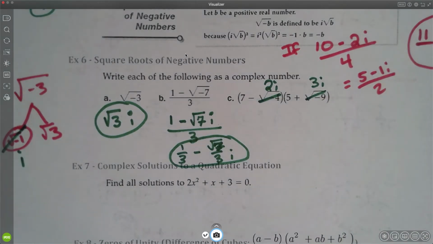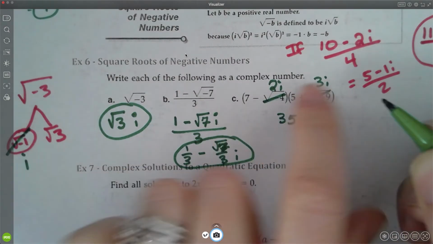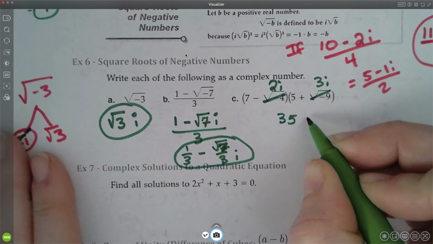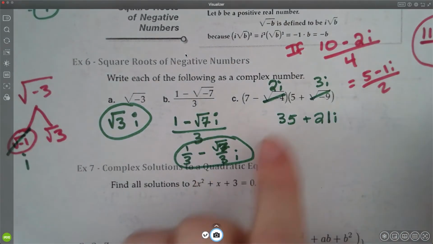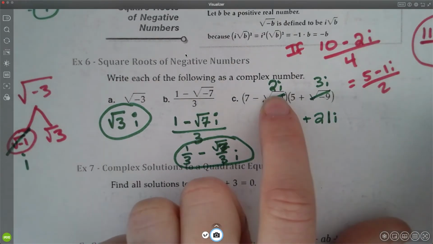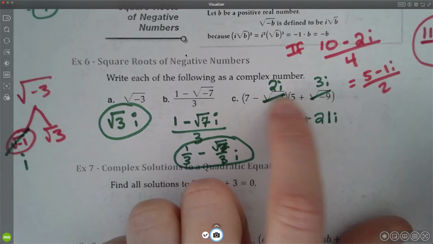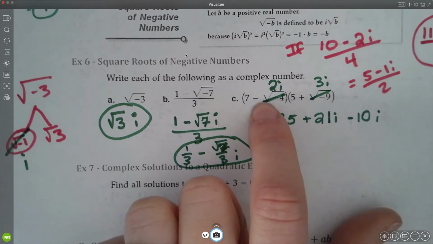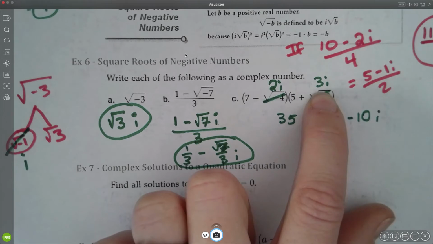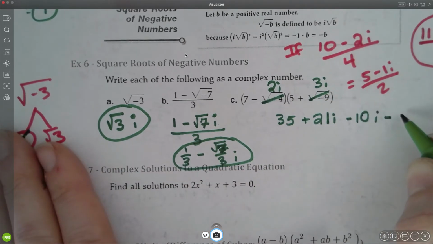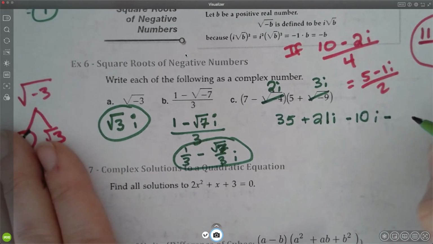So 7 and 5 make 35. 7 and positive 3i, 21i. Negative 2i and 5, minus 10i. And what's negative 2i times positive 3i? Negative 6i squared.